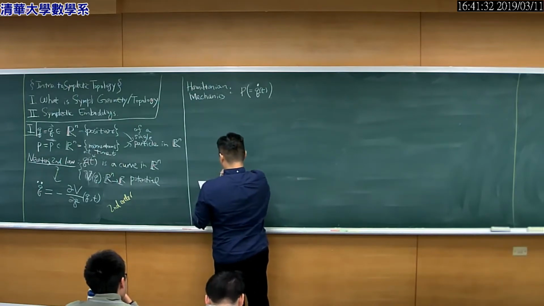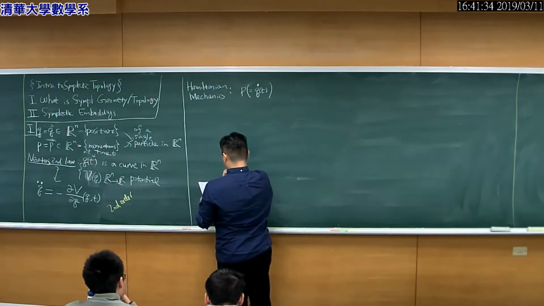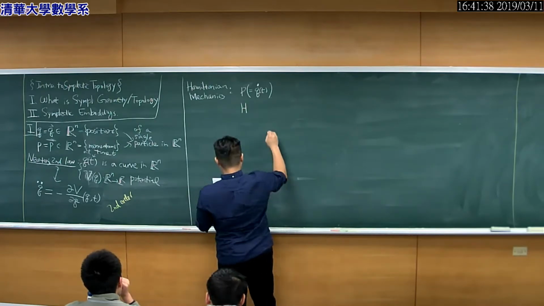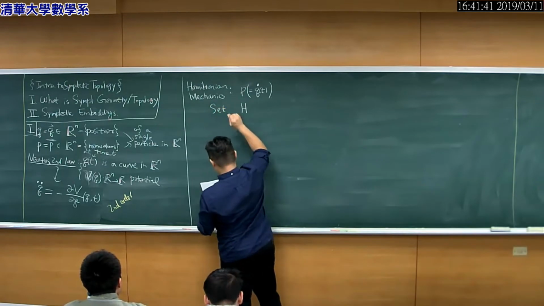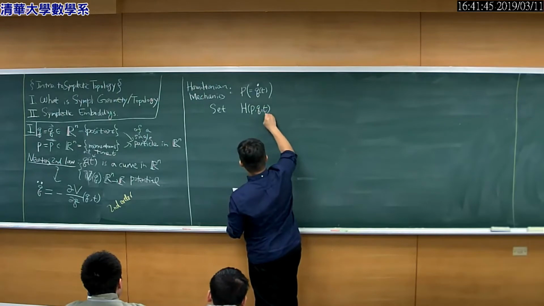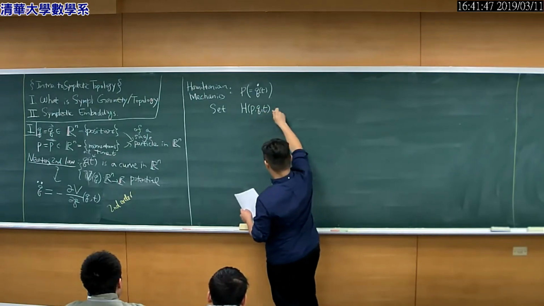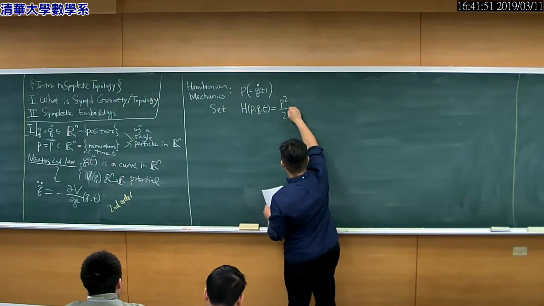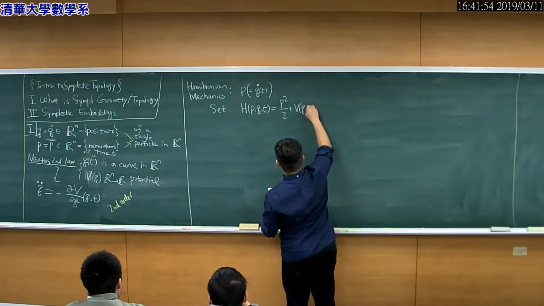Let's say I'm going to use H. H is a function of p, q equal to p squared over 2 plus V of q.